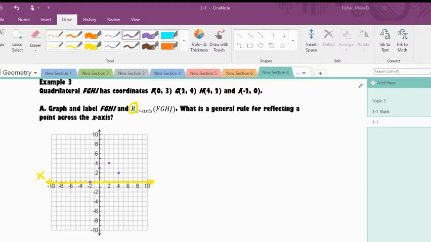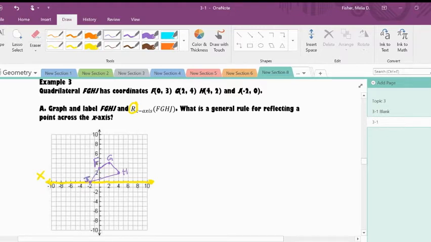On your paper, when you're drawing this, please make sure that you use a straight edge to draw those lines. Now, it's also a good idea to make sure that we've labeled this. So this 0, 3 was F, this was G, this was H, and this was J.